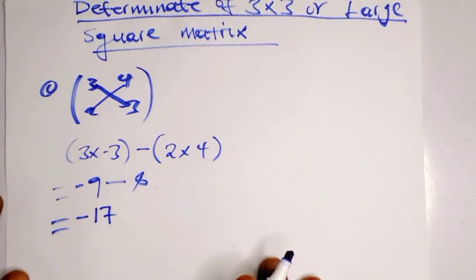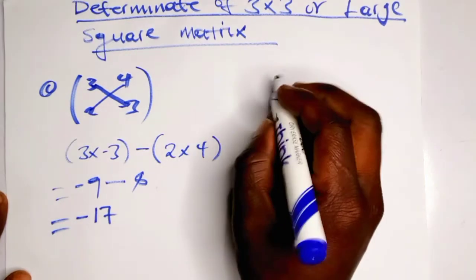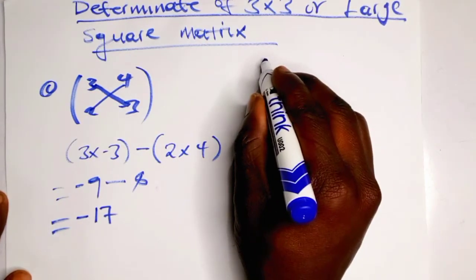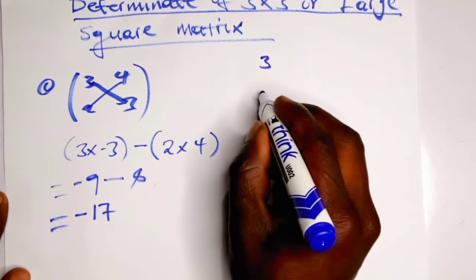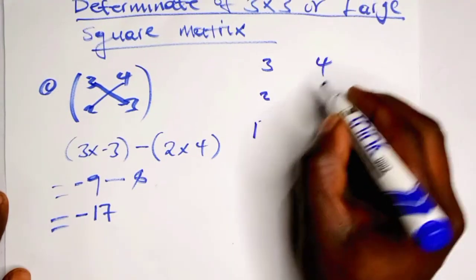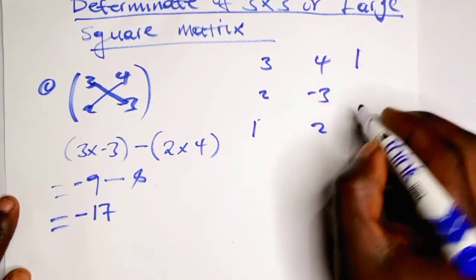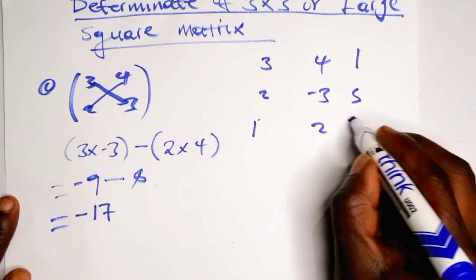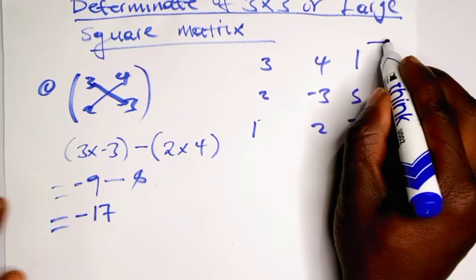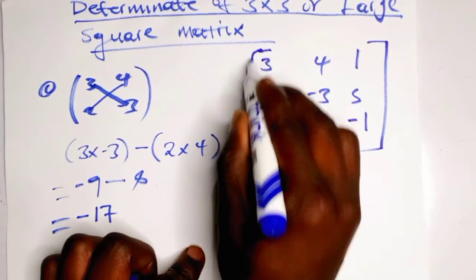So let's find the determinant of a 3 by 3 matrix. If you are given a matrix like this one, 3, 2, 1, 4, minus 3, 2, 1, 5, minus 1, in the square brackets, a square matrix.